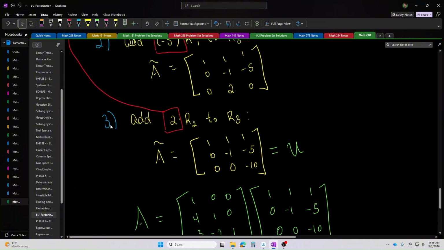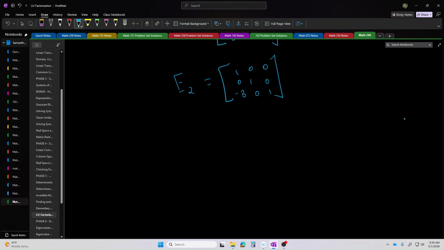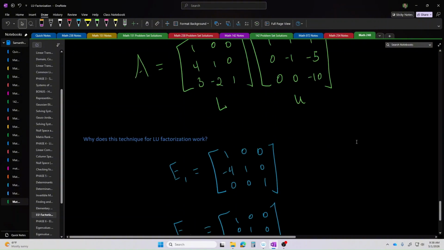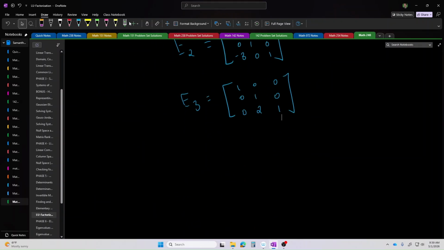And then this third step as well, this third step of adding 2 copies of row number 2 into row number 3, that third step can also be represented using a third elementary matrix, which has that value of 2 in the third row and the second column. Now, in this algorithm, we have performed these 3 actions on the matrix A back to back. We took the matrix A and we first applied the elementary row operation number 1.